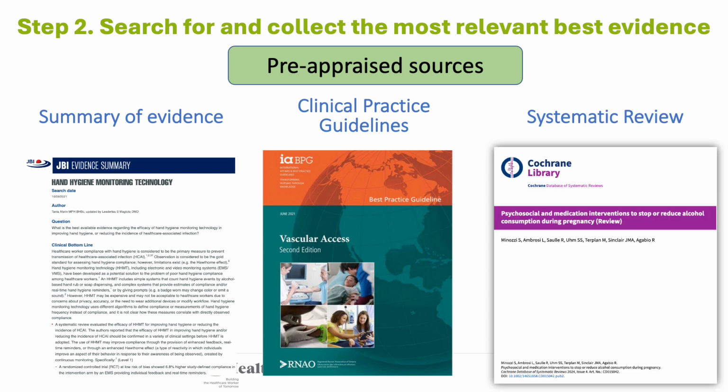The third of the pre-appraised sources are systematic reviews. These are documents that integrate data from multiple research studies, primary studies, on a topic. The analysis focuses on a specific aspect of a given health problem and intervention by addressing a few well-defined clinical questions.